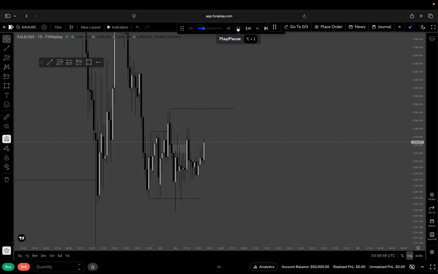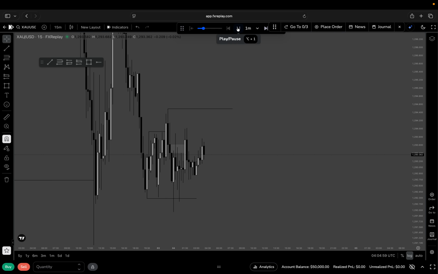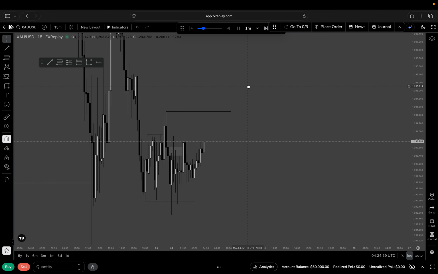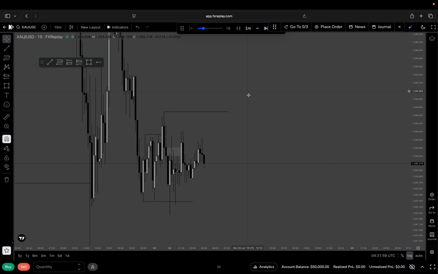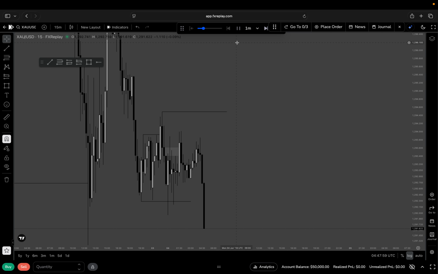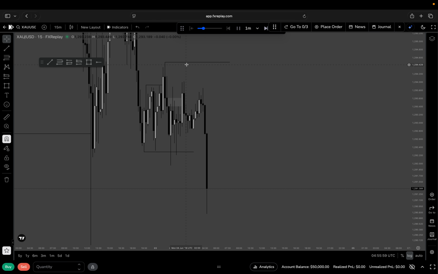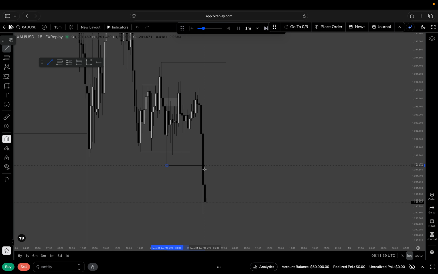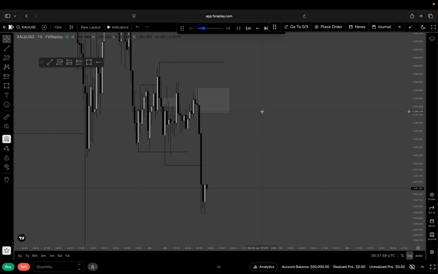We need some displacement. Okay. We get a nice break. Let's see if we can retrace.